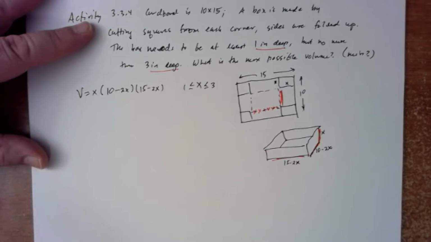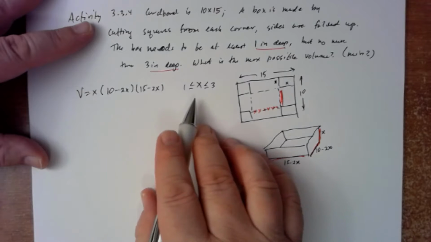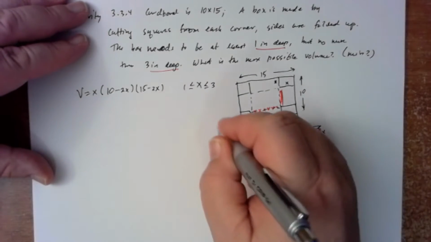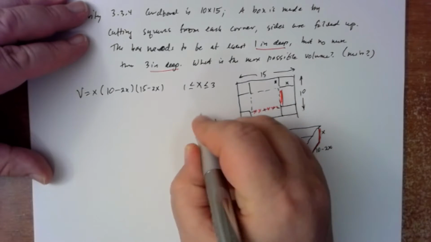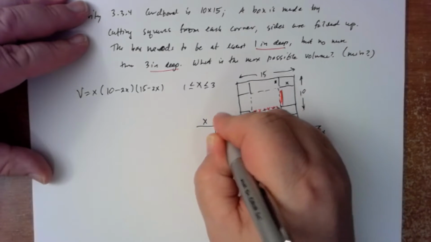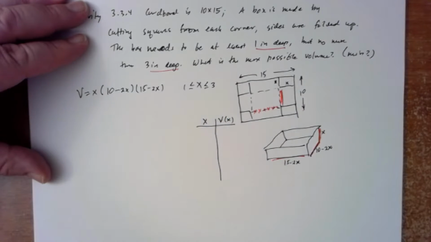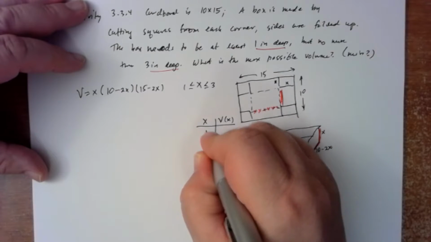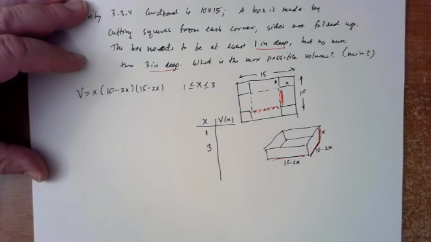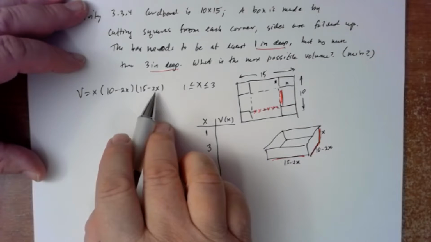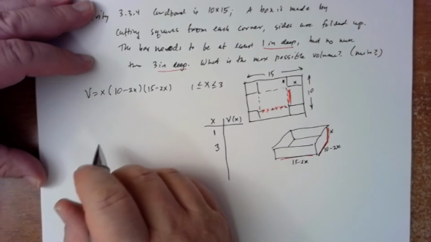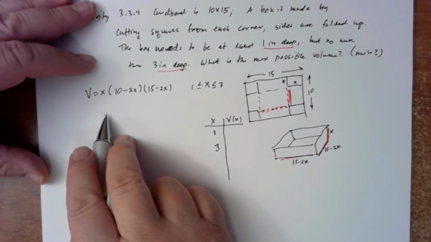When we make up our optimization problem, this is a continuous function over a closed interval. So we're going to need to find both the critical points and our endpoints, and then we'll write down our x's and our volumes. So far we have 1 and 3, the two endpoints, and then we have to find our critical points. That's going to take a little bit of work since we have a triple product, but it shouldn't be too bad.